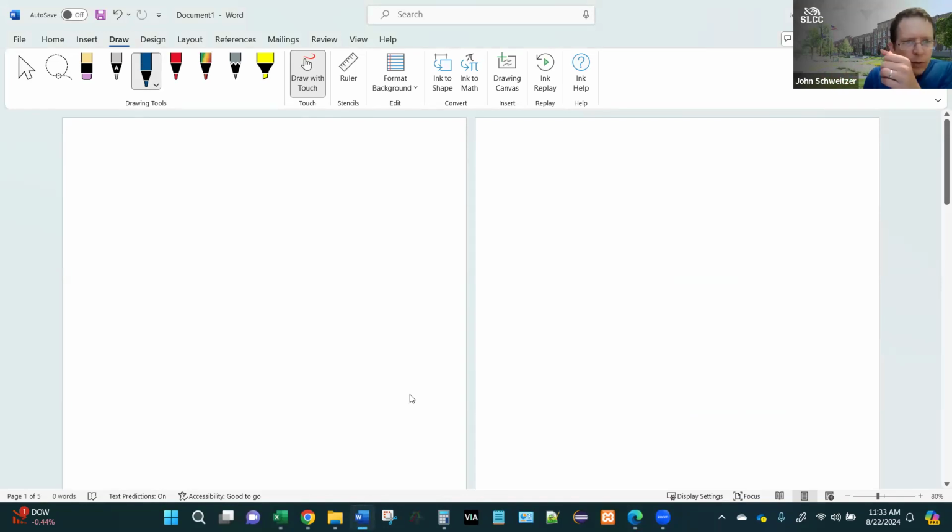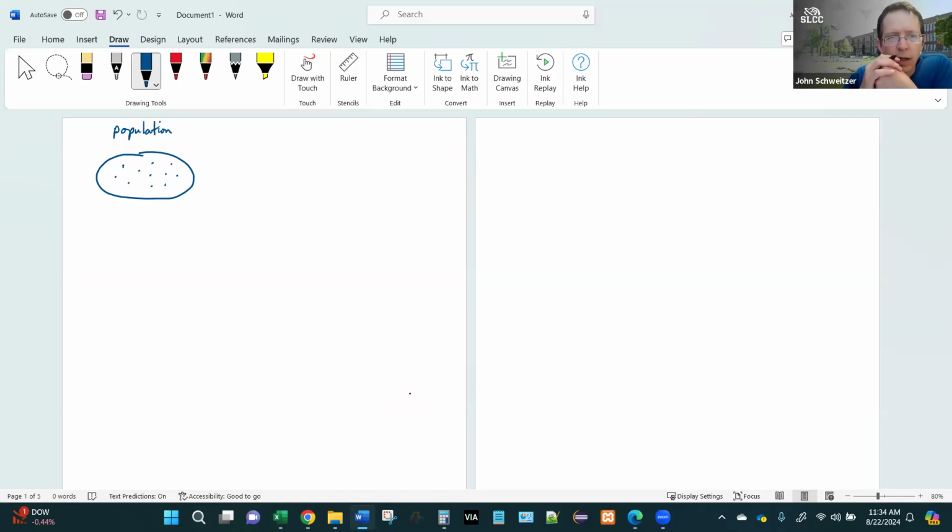Okay, so this is a diagram I like to use quite a bit for understanding the process of statistics. So we have a circle there. It's like a cloud of dots, and each dot represents somebody in the population, somebody or something, depending on what it is you're studying. Okay, so the population is large, and for the population size, we typically use capital N. Okay, so capital N is the population size.